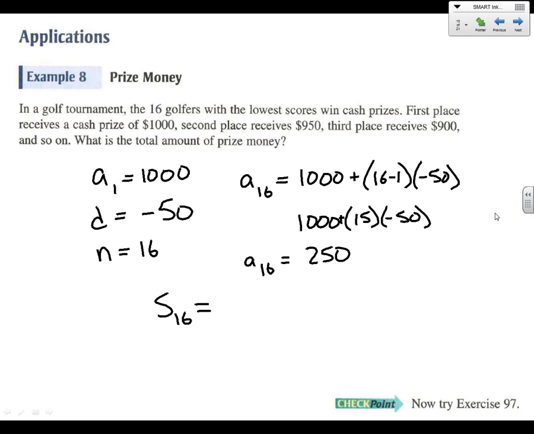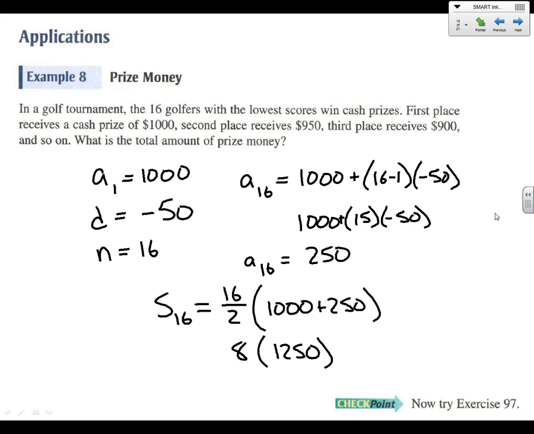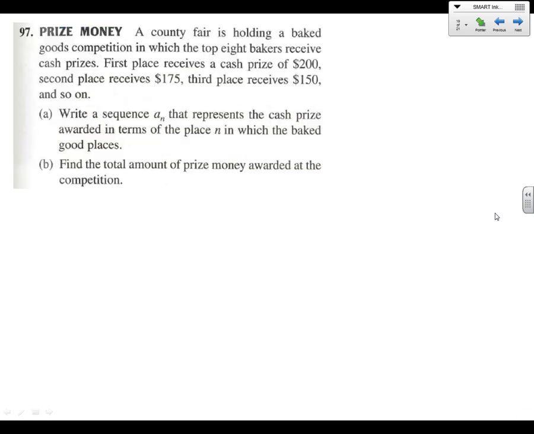The sum of these 16 winners are 8 pairs. 1,000's our first number. 250's our last number. 8 times 1,250. And that's going to be 8 times 250 is 2,000 plus another 8,000. It's going to be $10,000. $10,000 in prize money here, split between 16 winners. Use the same thinking for 97.